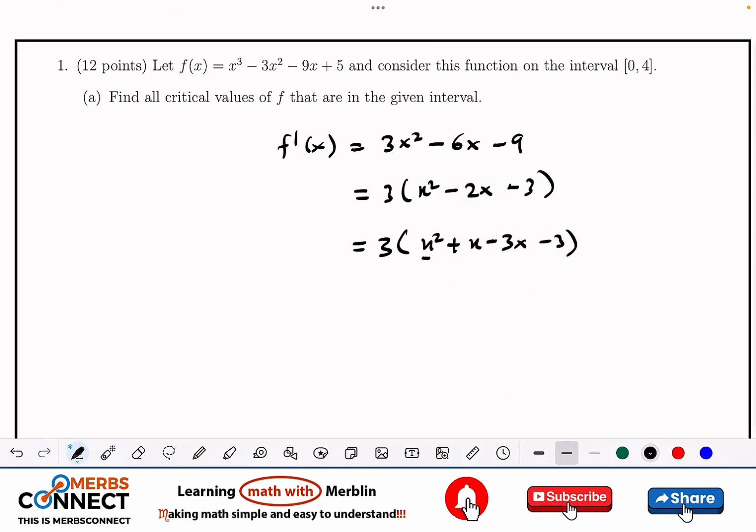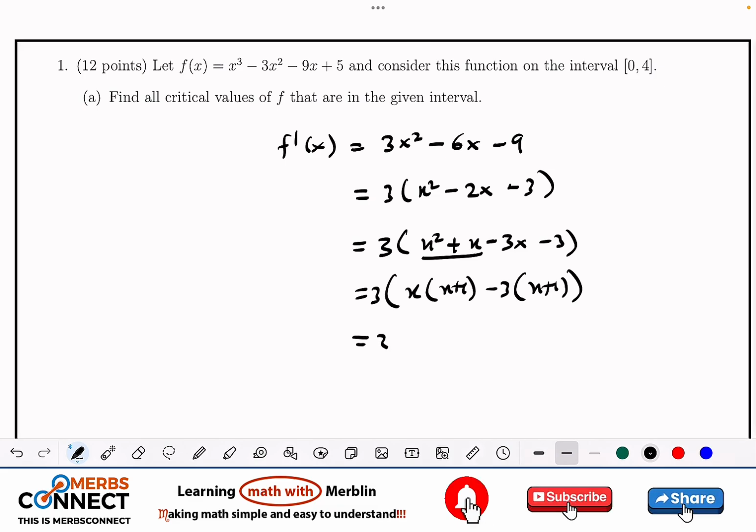With this one we have x out: x plus 1. With this one we can factor minus 3 out, and we have minus 3 out: x plus 1.